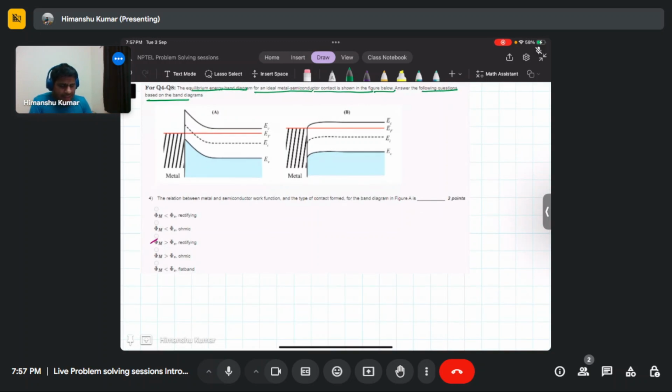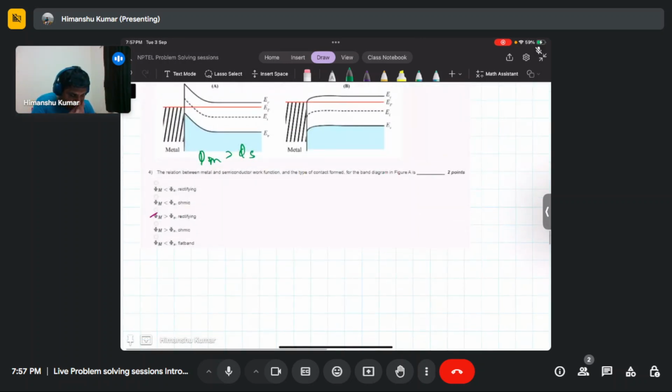As we have seen in a case like this, this is basically the Schottky case, and this Schottky barrier, this kind of case only happens when the metal work function is larger than the semiconductor work function.